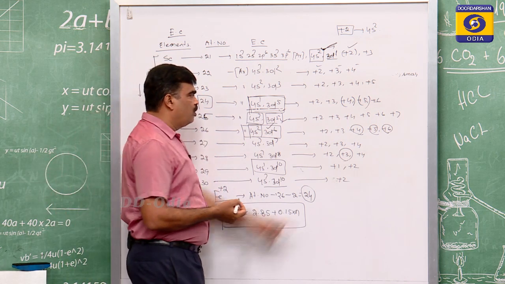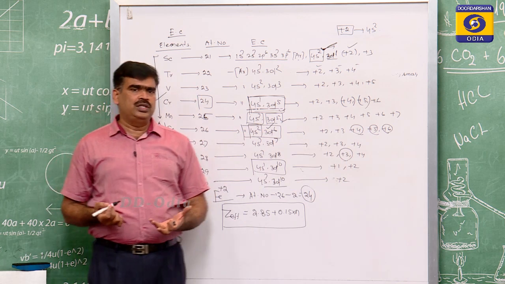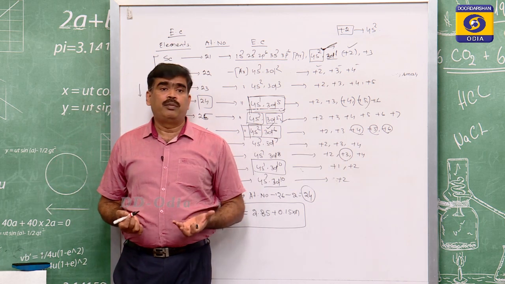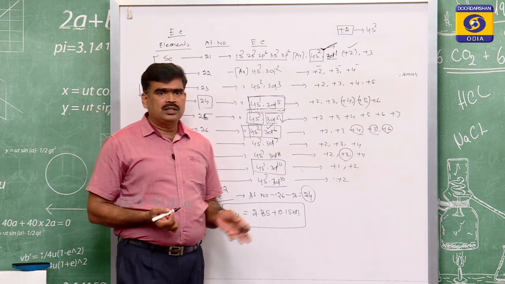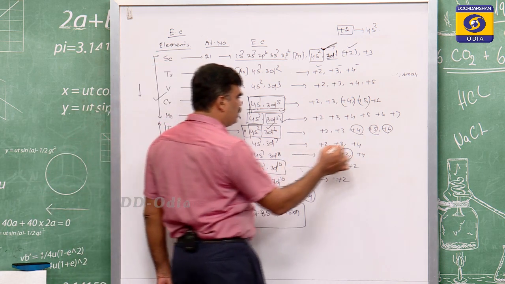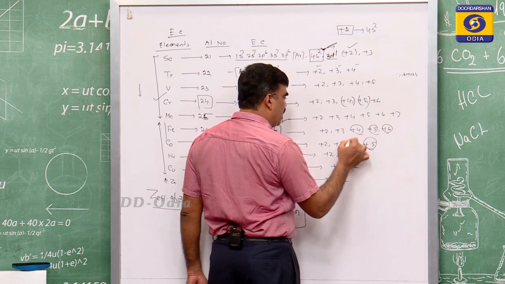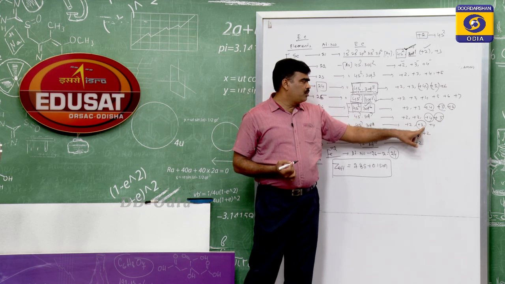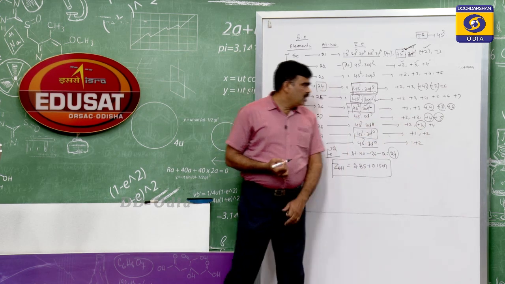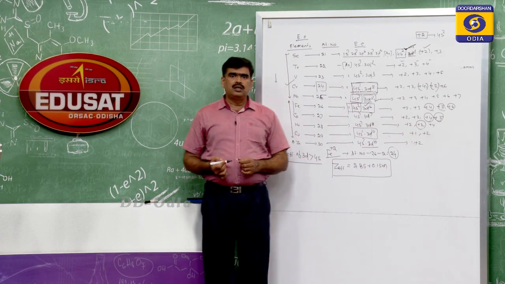Iron, of course, can show +4, +5 oxidation states, but these compounds cannot exist in this oxidation state, right? And in the case of cobalt, you have +2, +3, +4, +5. So these are highly unstable. And in the case of nickel, it is +2, +3, +4, +3 is unstable, and the remaining oxidation states of copper and zinc are stable.